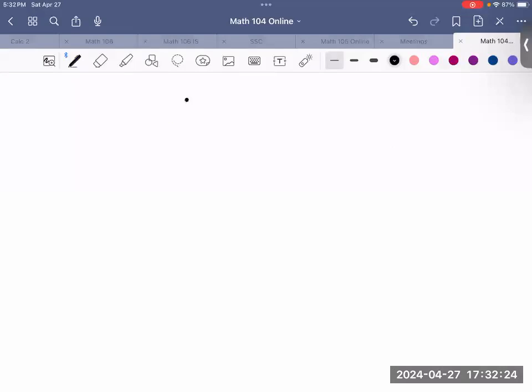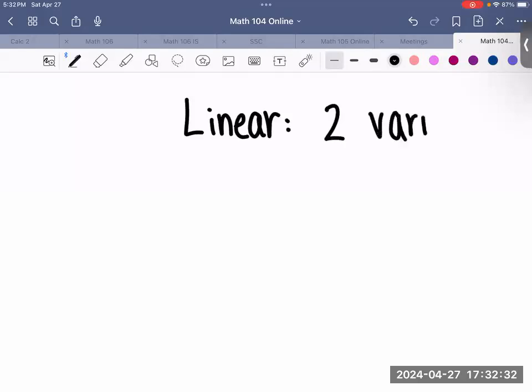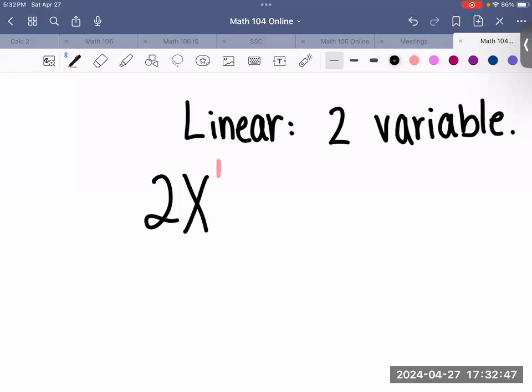So linear, while we can have two variables, we want to make sure that to be linear, we only have your x value. We can have any sort of coefficient, but your degree on your x is always equal to 1.